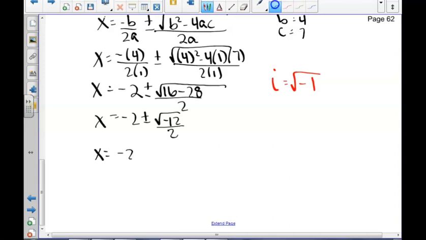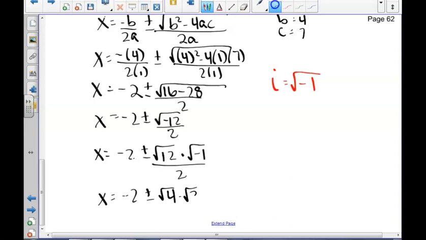So I'm going to rewrite the square root of negative 12 into the square root of 12 times the square root of negative 1 and divided by 2. The square root of 12 we can break down into the square root of 4 times the square root of 3, and the square root of negative 1 is just i. That whole thing is divided by 2.